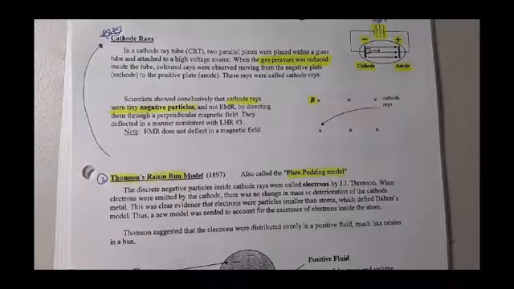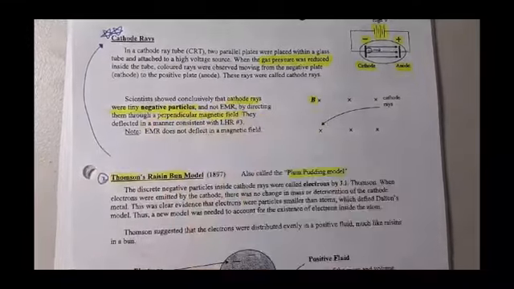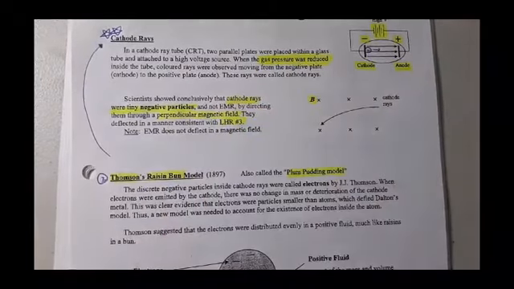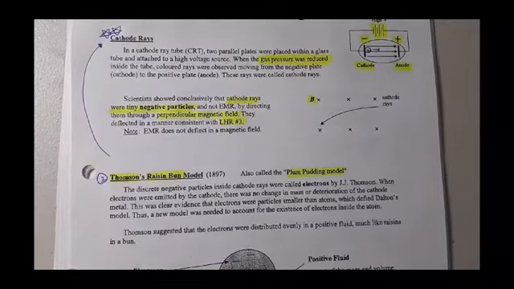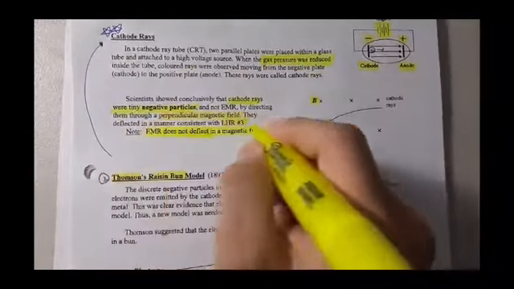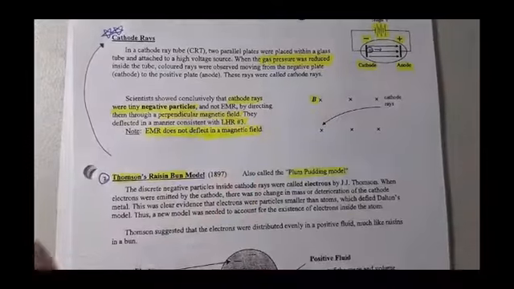And it is not EMR, because by directing these negative particles through a perpendicular magnetic field, which is left-hand rule number 3, they found a little bend in the motion and bending of the colored radiation. EMR does not deflect just because of a magnetic field.